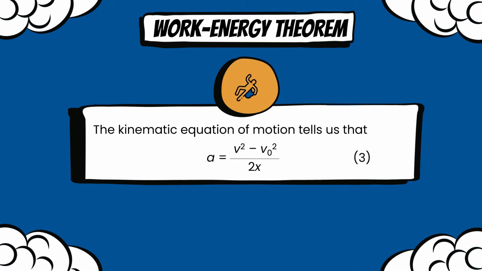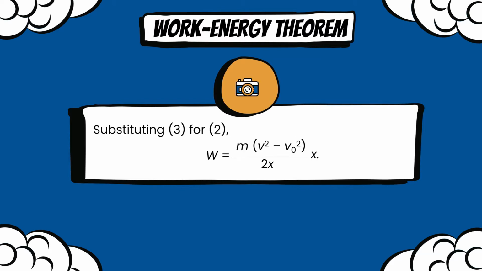The kinematic equation of motion tells us that acceleration is equal to v squared minus v sub 0 squared over 2x. Substituting the two previous equations, we have W which is equal to mass times v squared minus v sub 0 squared all over 2x times x.